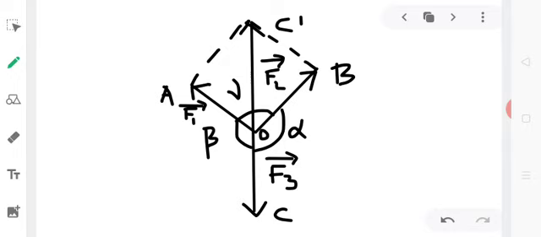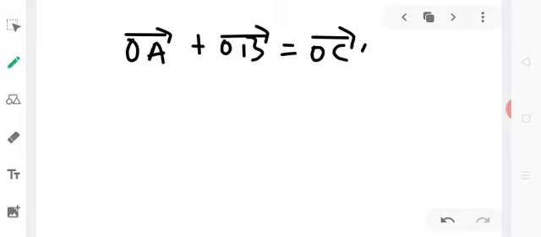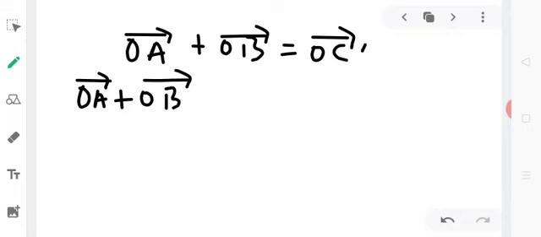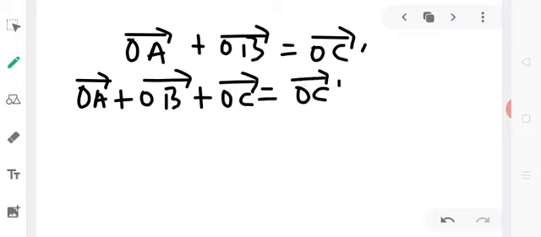Now, let us do one thing. We add OC to both the sides. So, we will get OA plus OB plus OC equal to OCʹ plus OC.